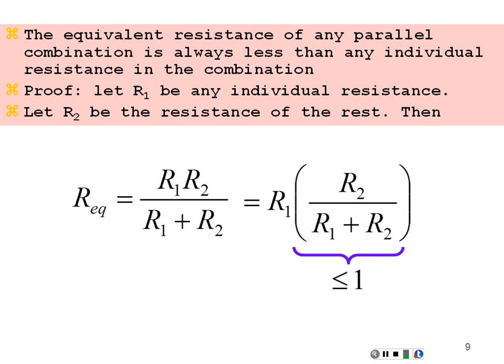Why is this true? Well, if I were an electron and I were encountering 1,000 ohms and I had to go through there, that would be the resistance I would encounter. But if I had other parallel options, then that should reduce my resistance. In other words, say for example you're driving down the road and you have only one lane to go through, so you have a particular resistance in trying to get through that lane.